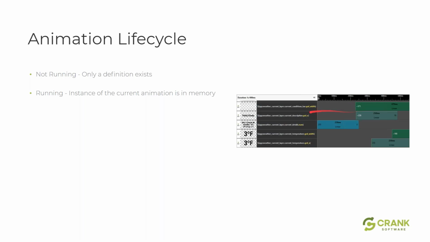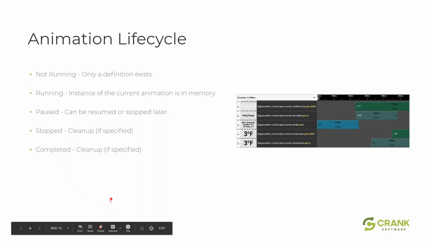So we will look up, in this case, the GRD width, and resolve it to a real value according to its current value in the UI. That's important to know about how that works. An animation can also be paused, which means that at a later time it can be resumed, and an animation can be stopped, or it can run to completion naturally.